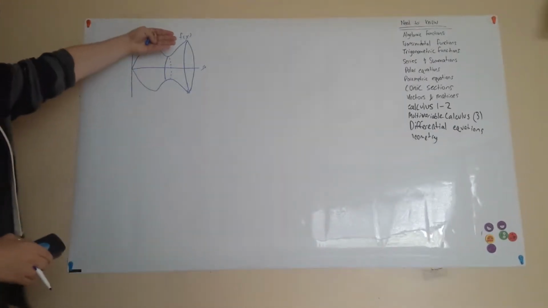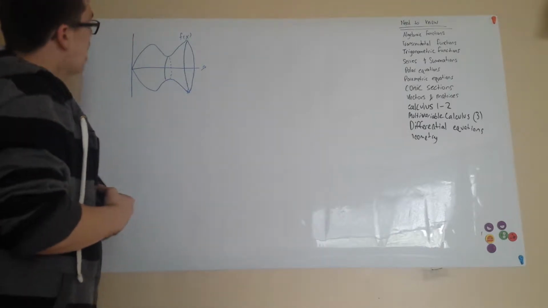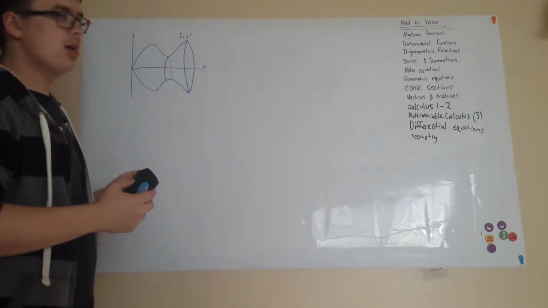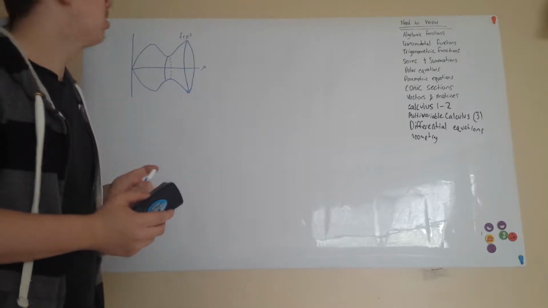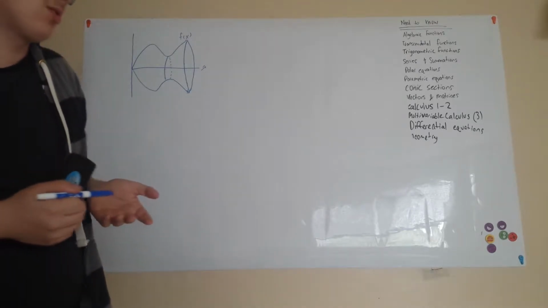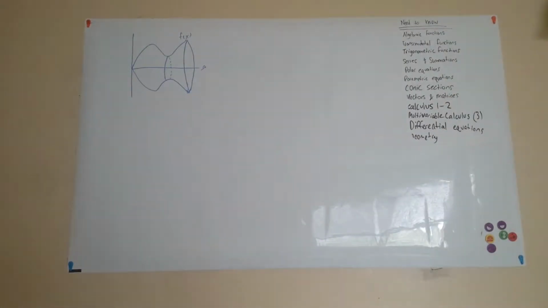So you're taking the function and rotating it about the x-axis, and this is what it kind of traces out. It traces out this three-dimensional little vase thing. And we're going to attempt to find the volume of this. So it's a pretty neat idea that we're taking just a regular old function and rotating it about the x-axis.